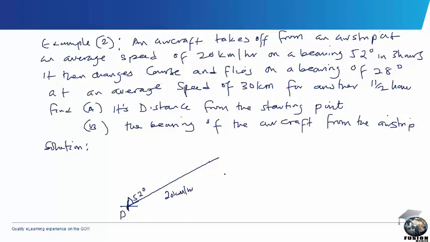In 3 hours it then changes course and flies on a bearing of 28 degrees. In 3 hours, maybe at this point now, it changes course and then flies on a bearing of 28 degrees.